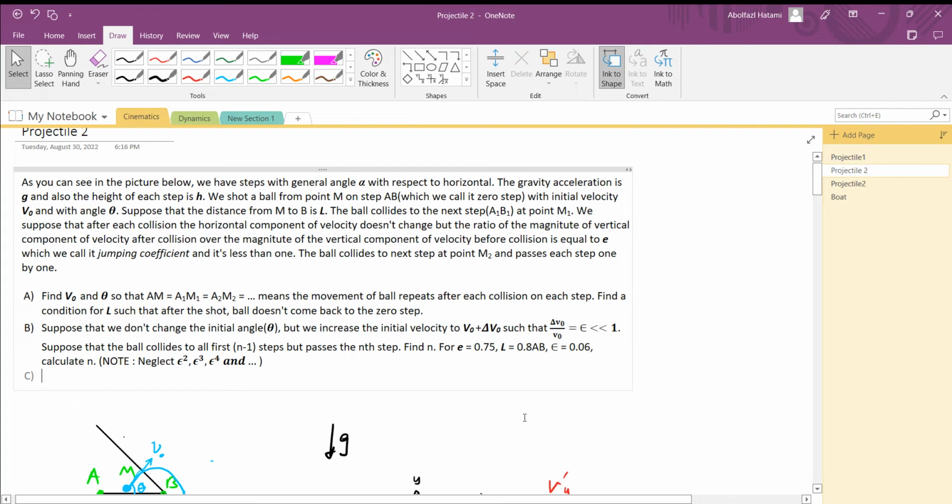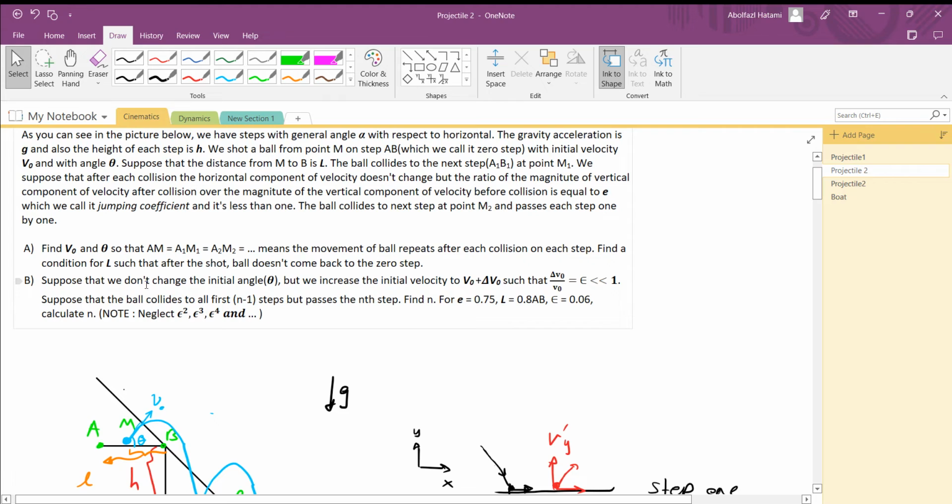It has some tricks to solve this part of the problem. It says that suppose that we don't change the initial angle theta, but we increase the initial velocity to v0 plus delta v0, such that delta v0 over v0 is equal to epsilon, which is very small. Suppose that the ball collides in all the first n-1 steps, but passes the nth step.